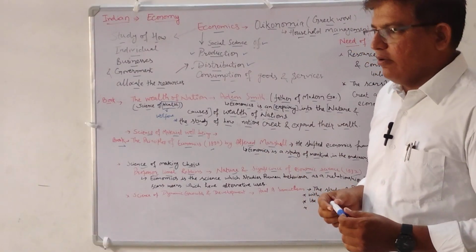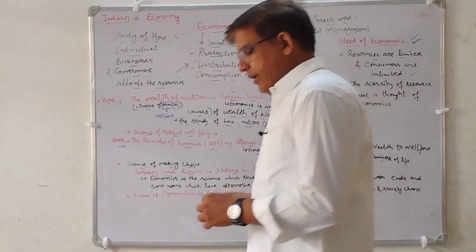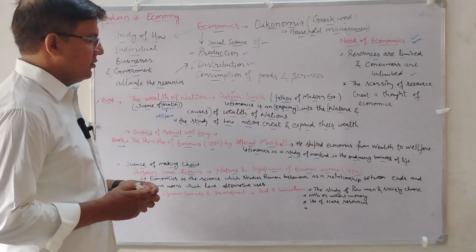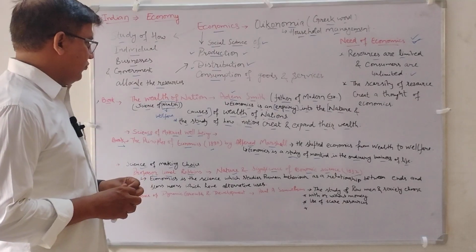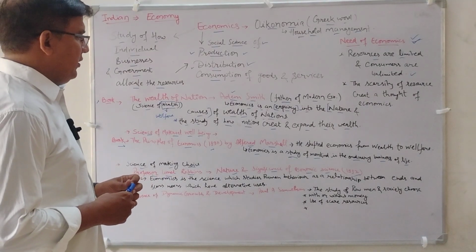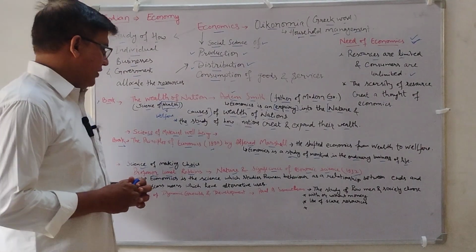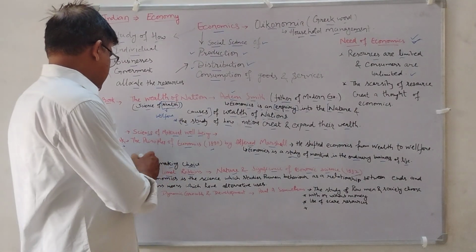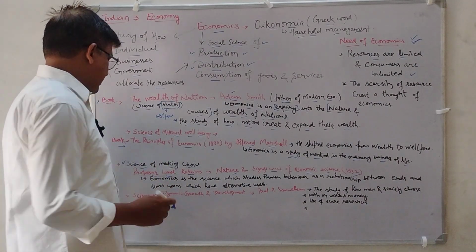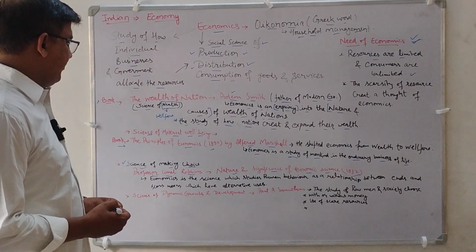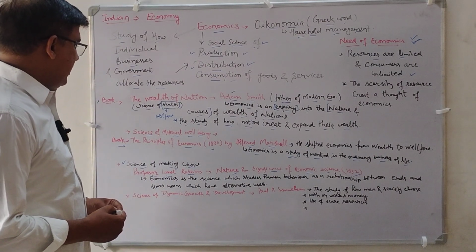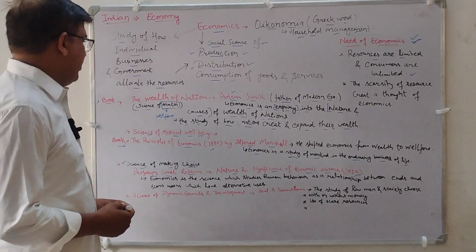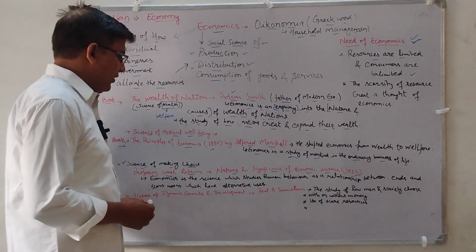But if we have different types of markers, or we take the second example of watches. If we have watches of one company, then we have no choice to choose, but economics creates the choices. Professor Lionel Robbins changed the welfare into the science of making choices.